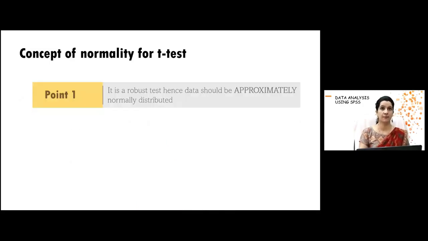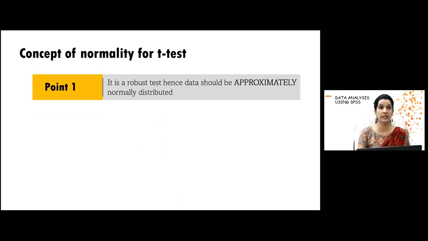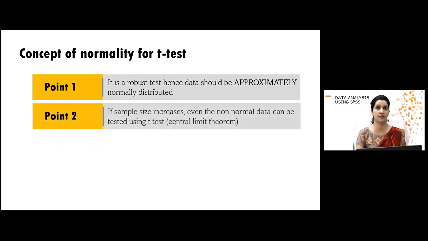So the concept of normality is basically, as we have discussed, that the t-test is a robust test. Hence the data should be approximately normally distributed. And if the sample size is large, then even if the data is not normal, it can be tested using the t-test, because of the central limit theorem.